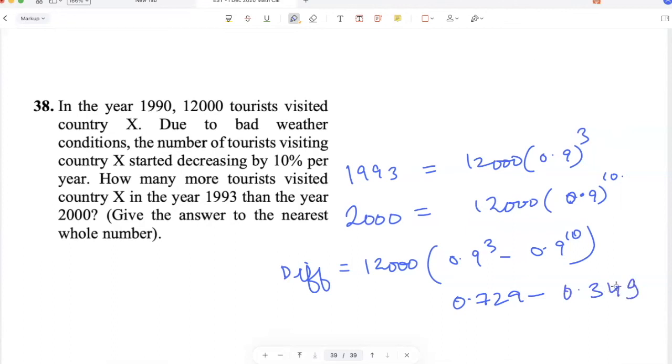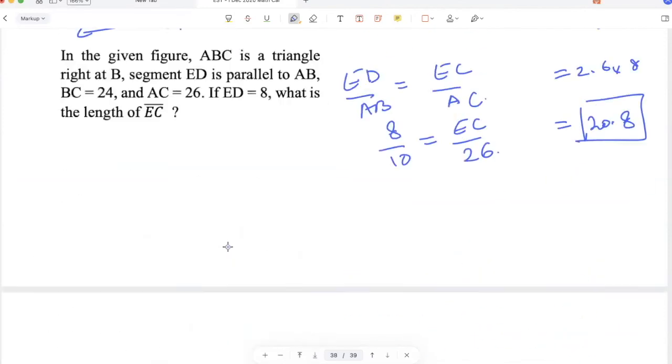Okay, so let's subtract that. 0.729 minus 0.349 is 0.38, and 0.38 multiplied by 12,000 is 4560. 4560 is the difference. Okay, let's grade this.